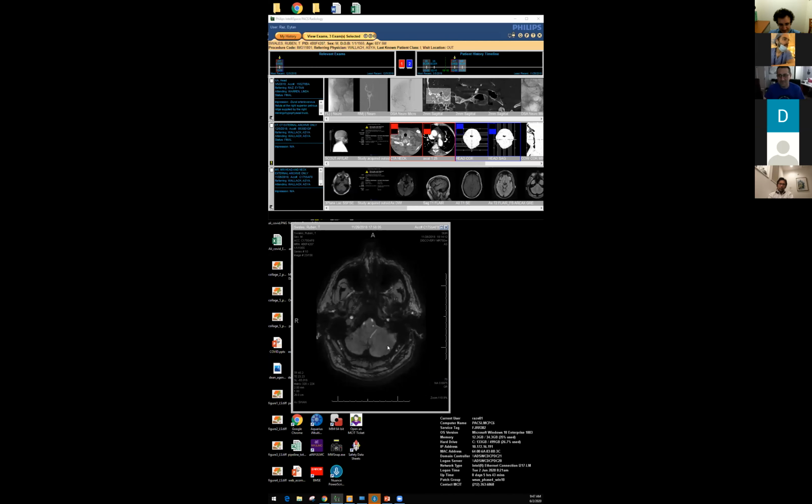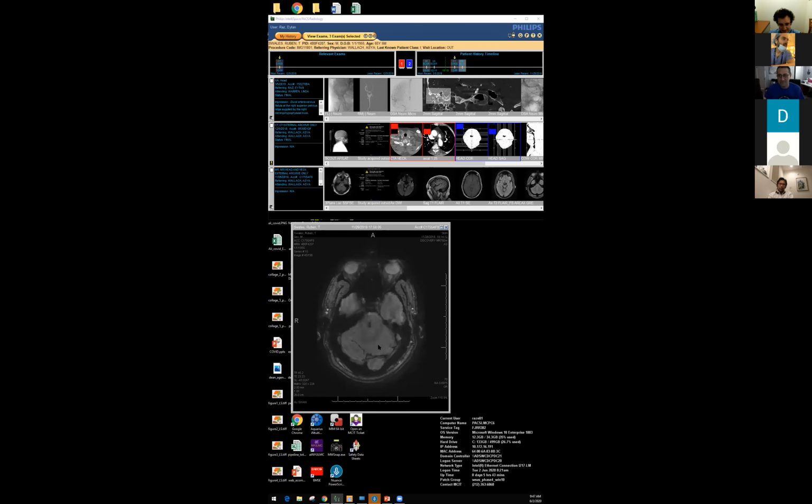At that time, this was interpreted as a demyelinating disease and treated with steroids. This is the MRI from that other place, which also showed some enlarged venous structures in this region.